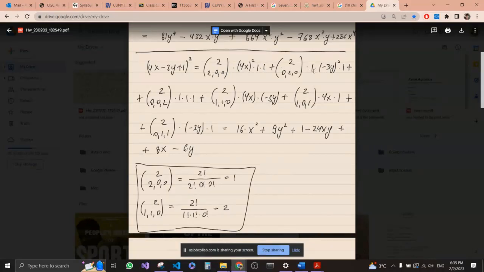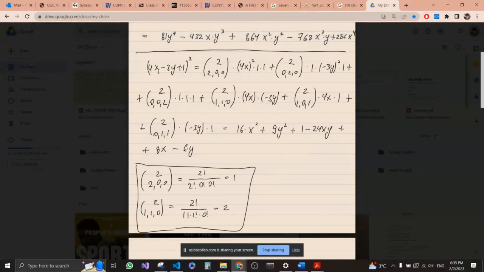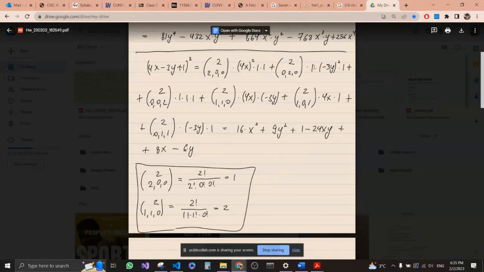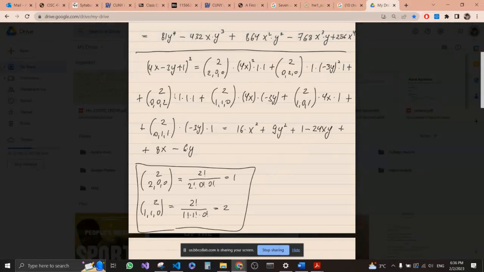Second term is 4x to the power 0, then minus 3y to the power 2, and 1 to the power 0, which is 1. Okay, for the third term, 4x to the power 0, minus 3y to the power 0, and 1 to the power 2, which is 1.